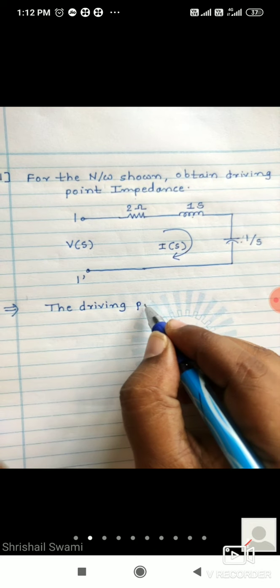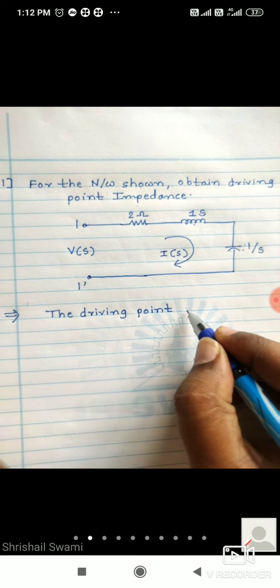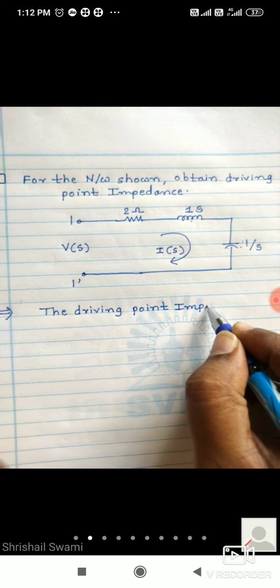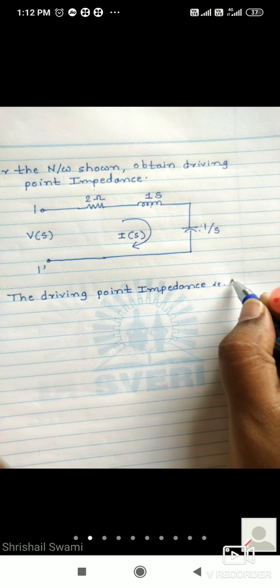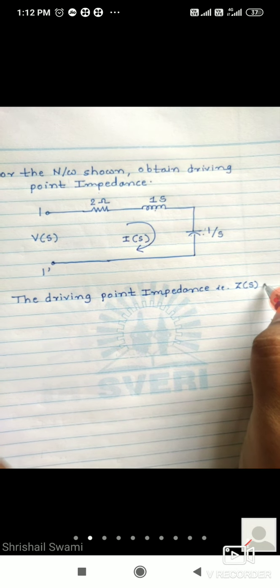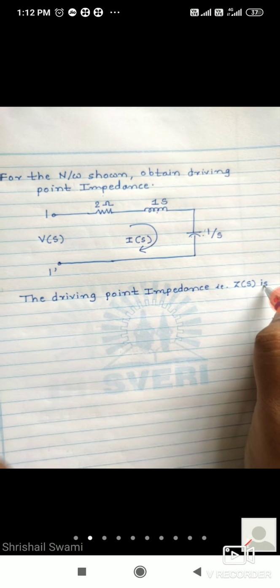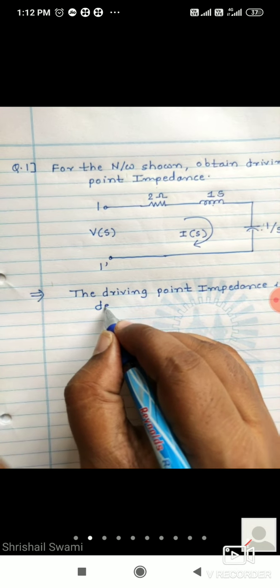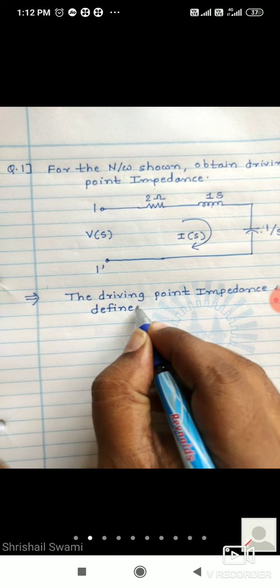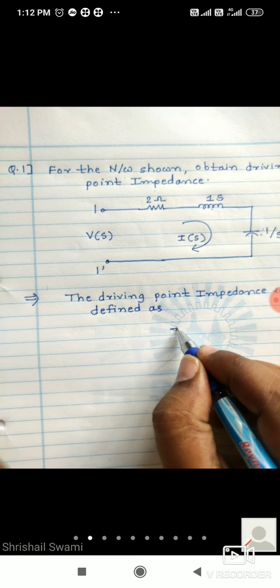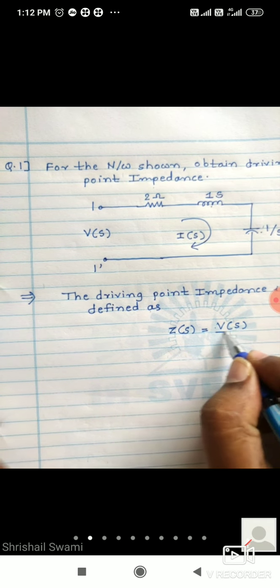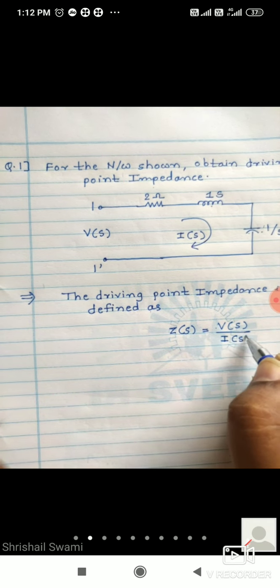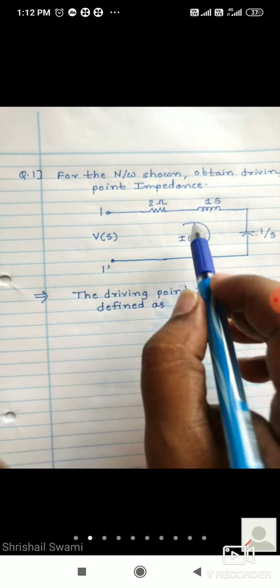The driving point impedance, that is Z of S, is defined as Z of S is equal to V of S divided by I of S. So apply KVL.